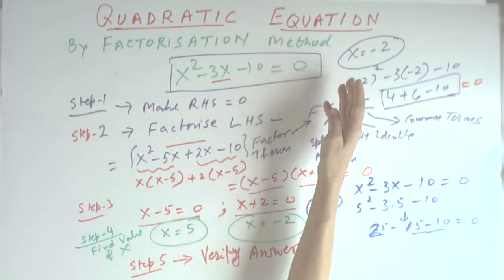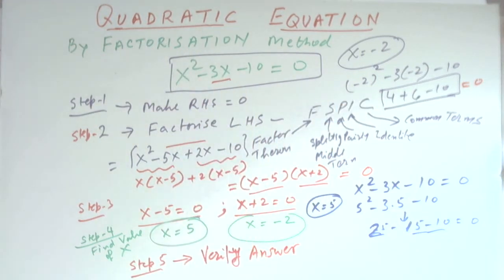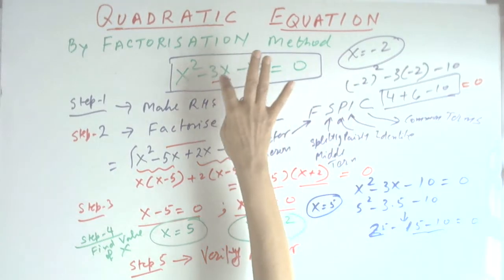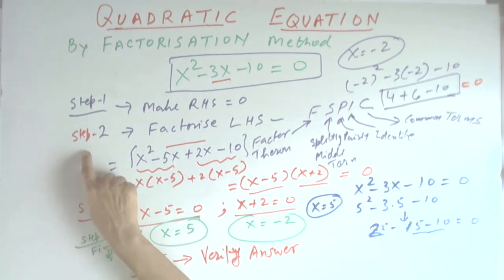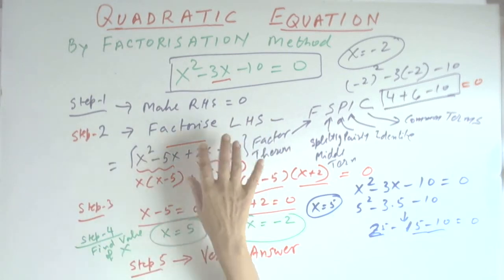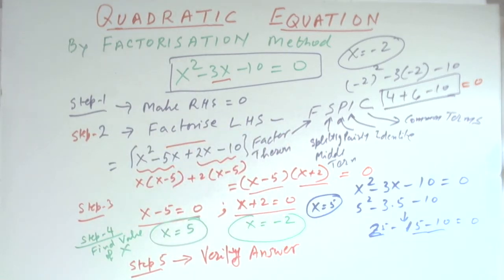Whatever is there on the right hand side, we bring it onto the left hand side, and of course we have to change the sign of that term. The step 2 is, we need to factorize the left hand side, and we can use any of the 5 methods which we learned in 9th class for factorization.